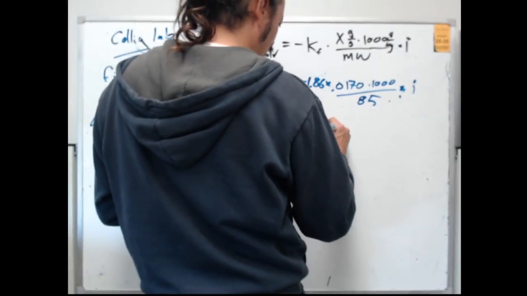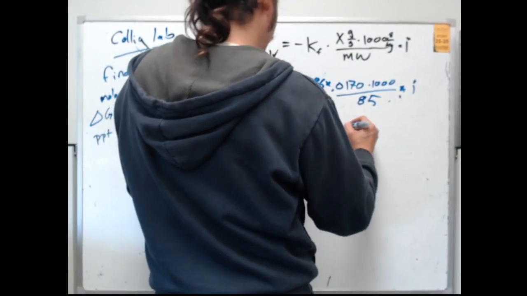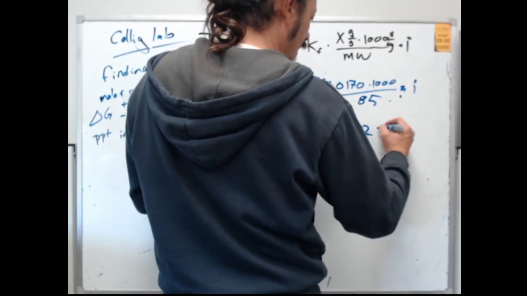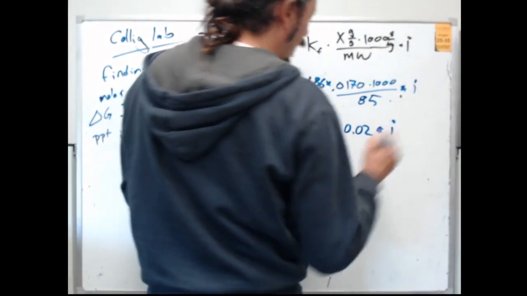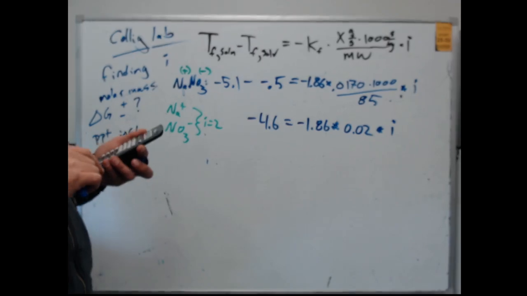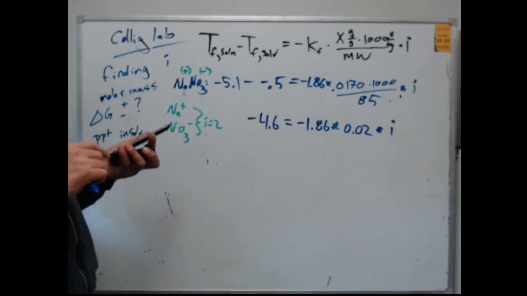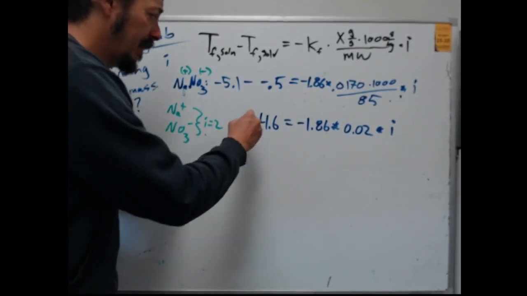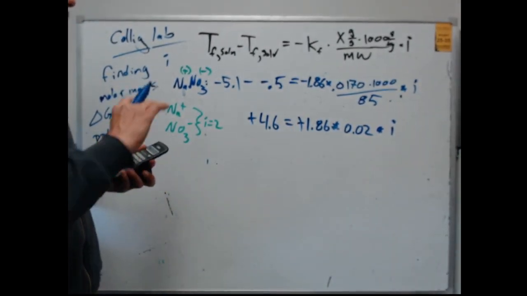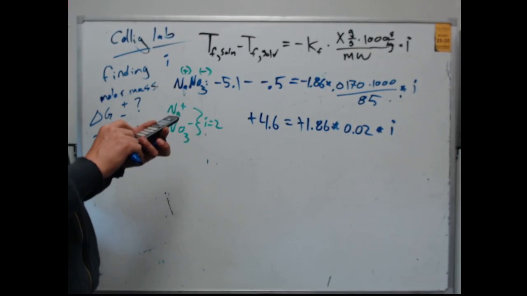Negative 1.86. My molality would end up being 0.02. And then my Van Hoff factor is the thing that I'm solving for. So I put all that together to get to molality. I can now get rid of the negative sign on both sides. Take care of that.